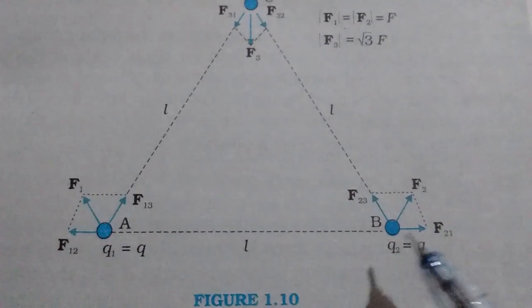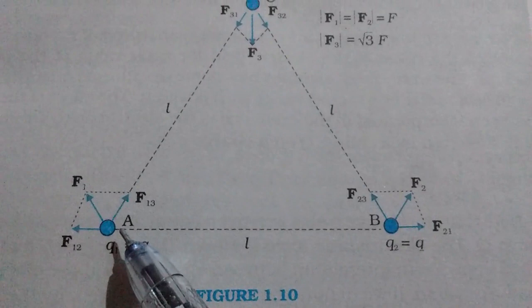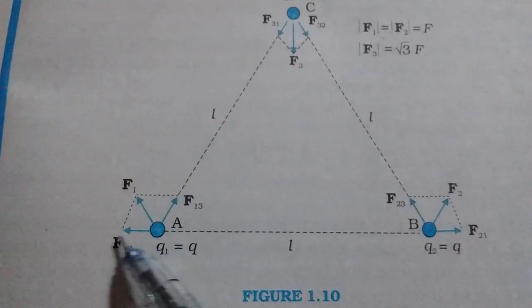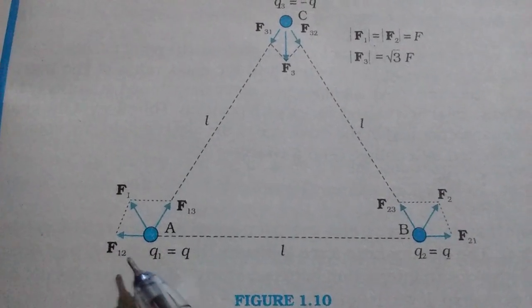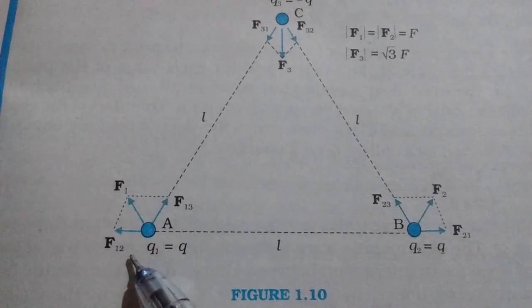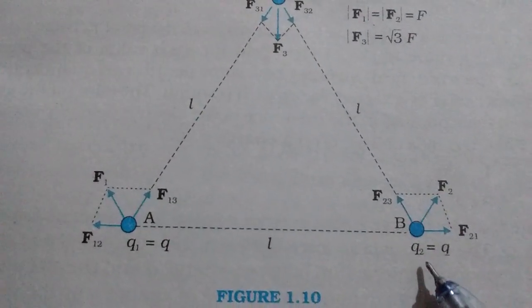Since this is a positive charge, it will repel this charge. That's why its force direction will be in this direction. Here you look, F12, force on 1 due to 2. Here 1 is Q1, 2 is Q2.